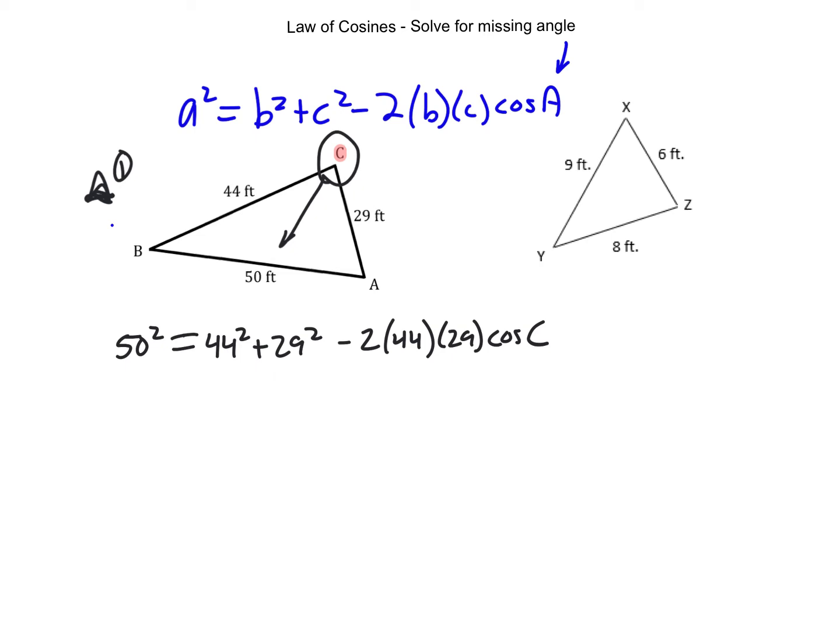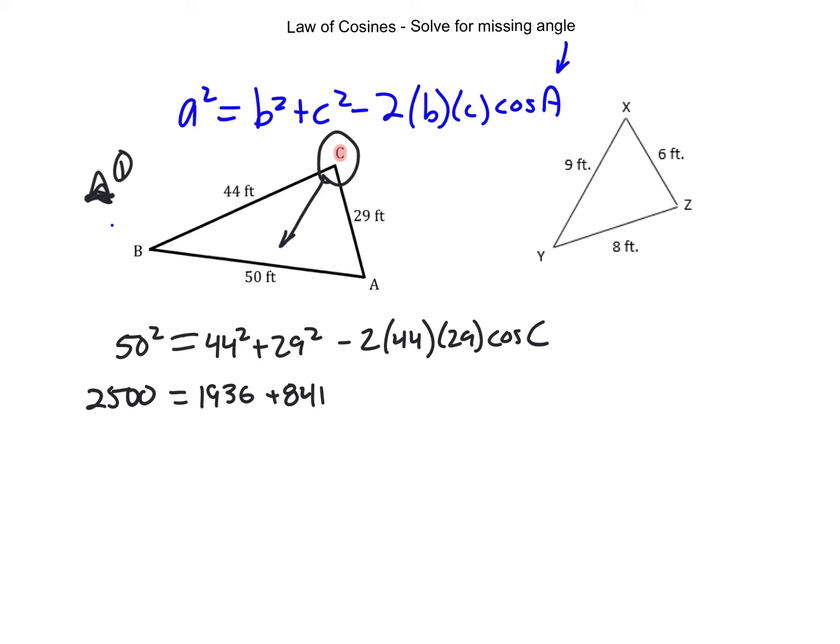That's going to be my setup, except now I know what a squared is, and I've got to work my way back. So that would be 2,500. 44 squared is going to be 1936. 29 squared is 841.